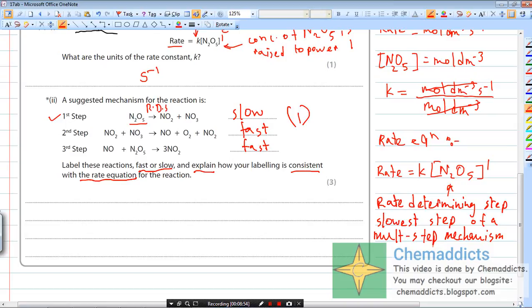So the reason should be like this: since the overall order is 1 and the only species present in the rate equation is the dinitrogen pentoxide molecule, the first step would be the rate determining step. That's it.